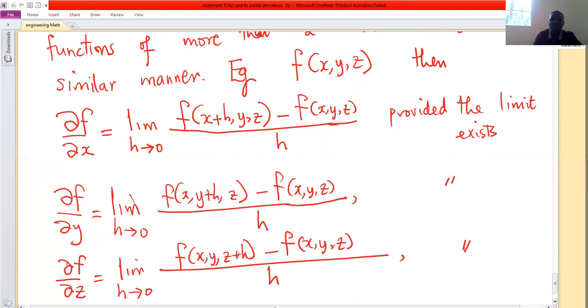You say provided that this limit exists.